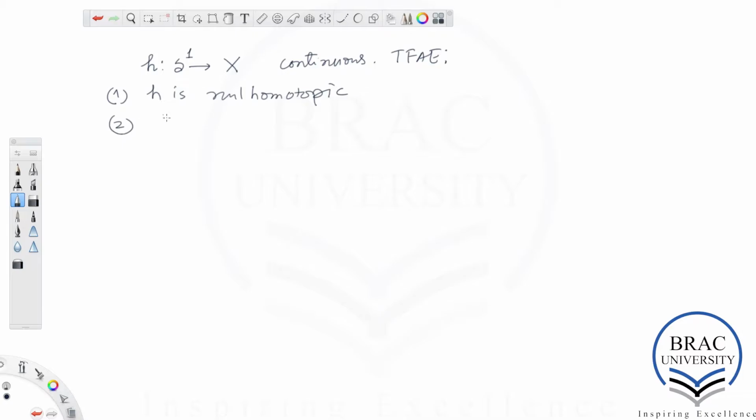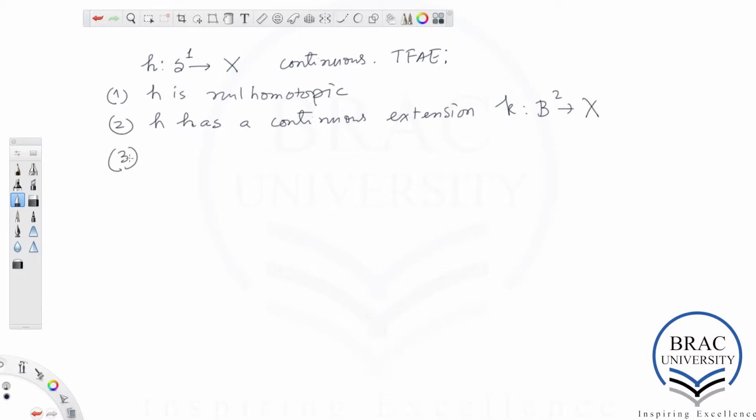The second being H having a continuous extension from the unit disk to the given topological space X.